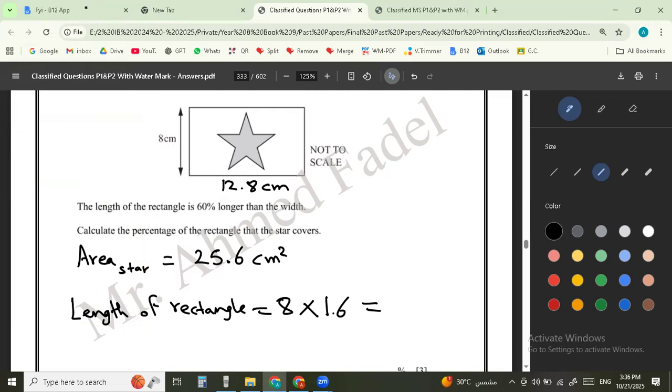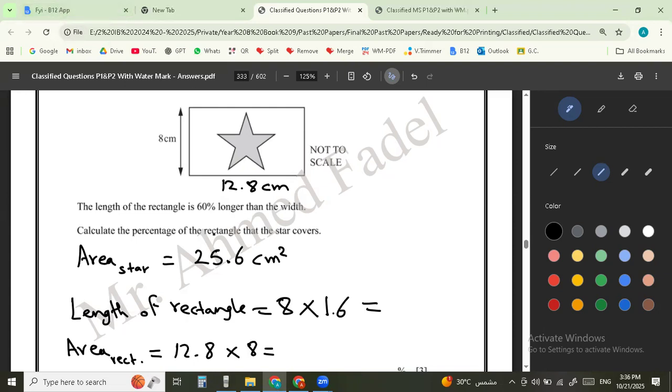Okay, good, no problem. Someone might do 60% times 8, which is 0.6 times 8, then you add it to 8, and it's going to give you exactly the same thing, 12.8. Good. Now, what is the area of the rectangle? Area of rectangle equals 12.8 length times width, which is 8.